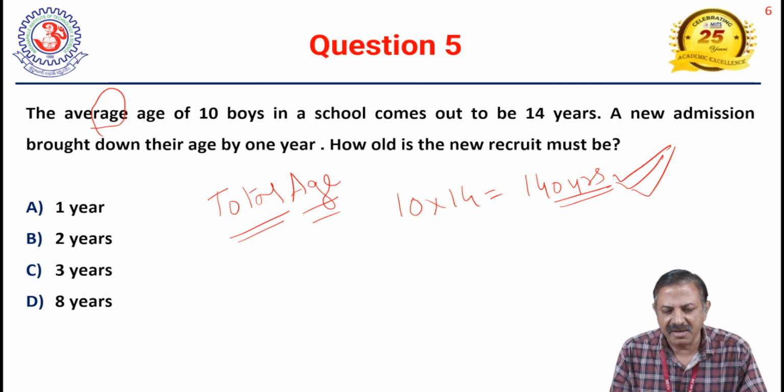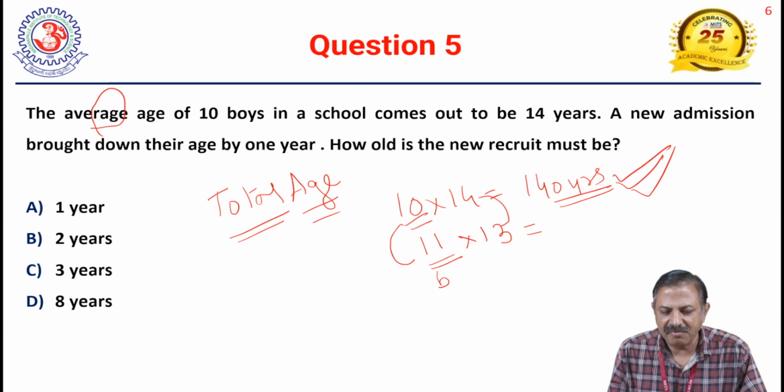New admission. So when a new admission is there, 10 boys will become 11 boys. But what happened to their average? A new admission brought down their average age by 1 year. So it will become 11 into 13 now. See, one student is added, plus 1.